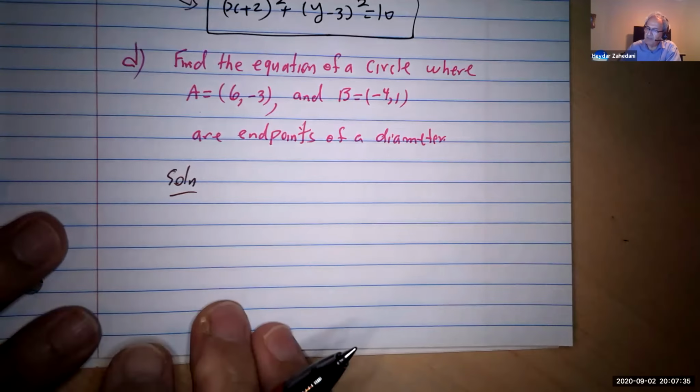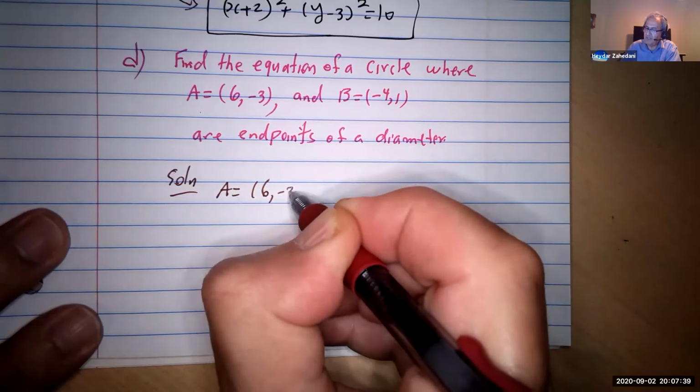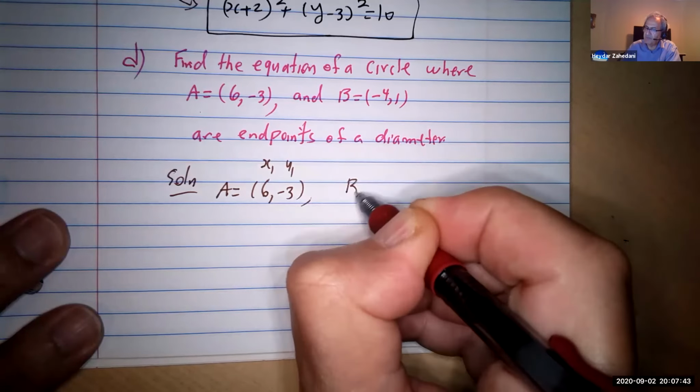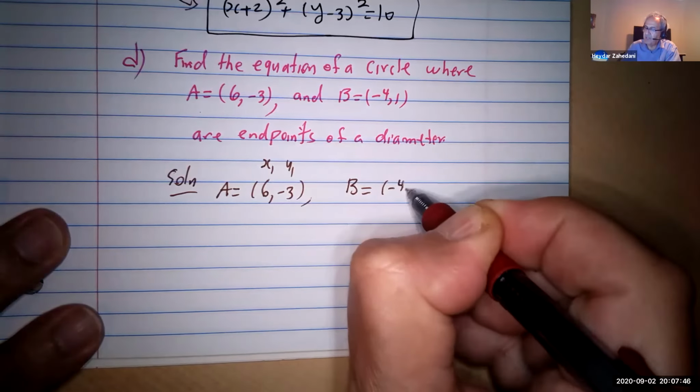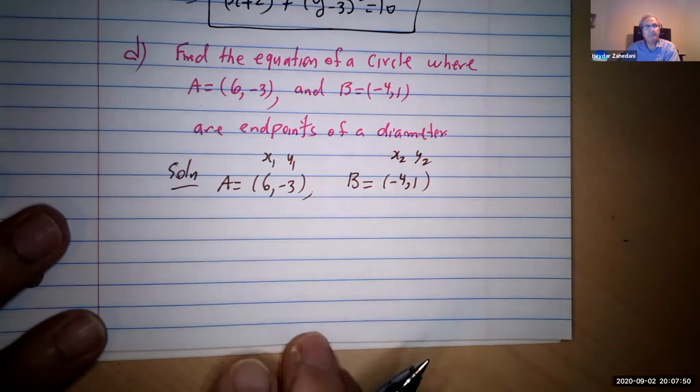This is it. I label these points. It's 6, -3, call it x1, y1. And this is going to be negative 4, 1. I call it x2, y2. So the center is going to be midpoint.